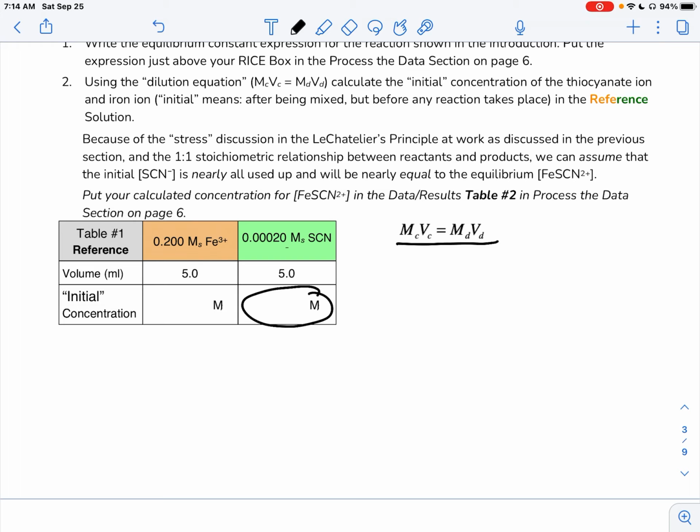For the first one, what you're trying to do is figure out, okay, my molarity of iron that I started with was 0.200 molar. That's the solution that I had students make for me. You are going to use 5 milliliters of that.